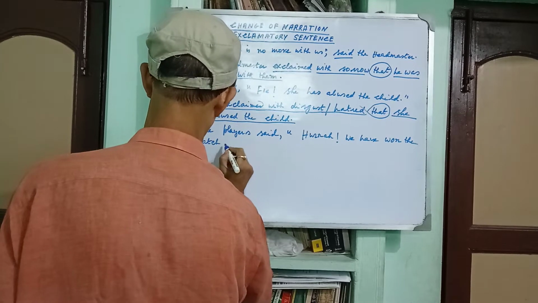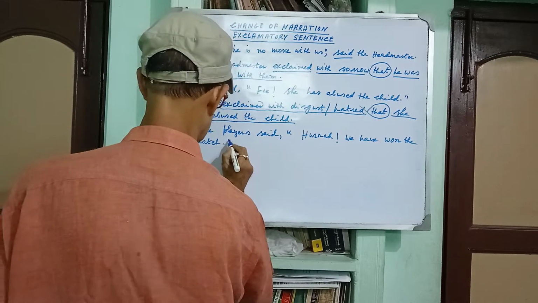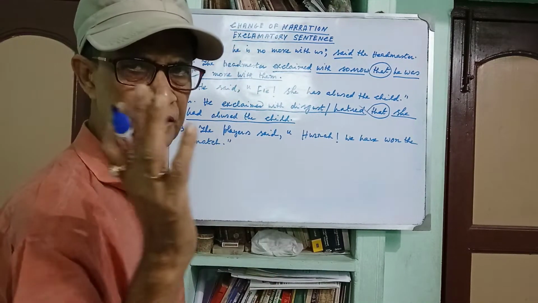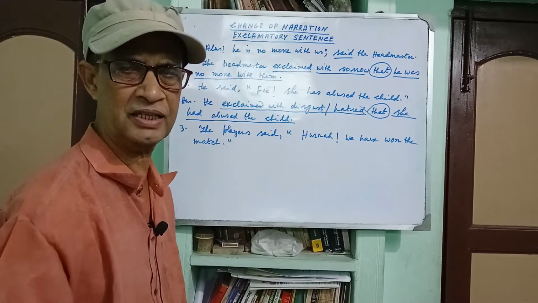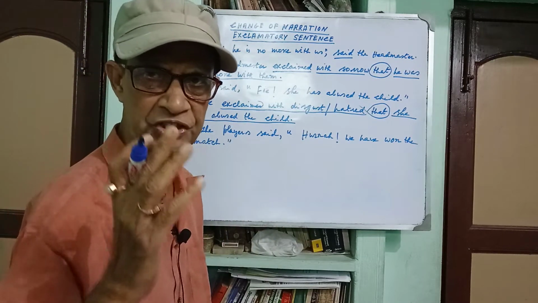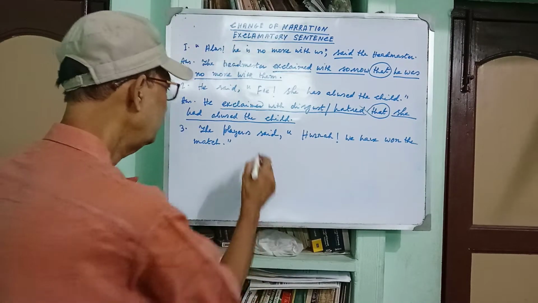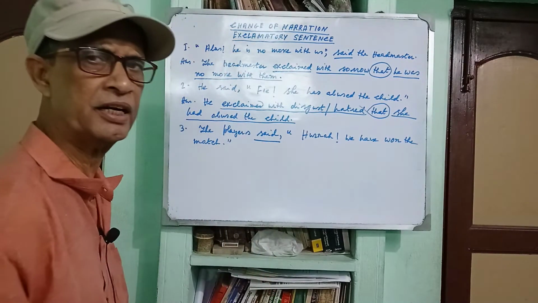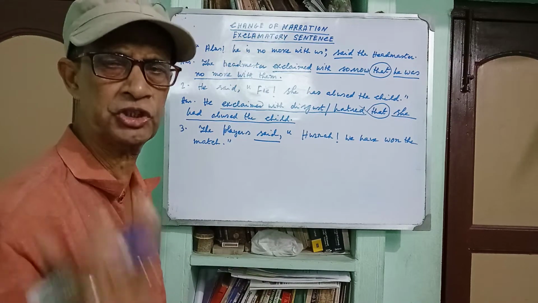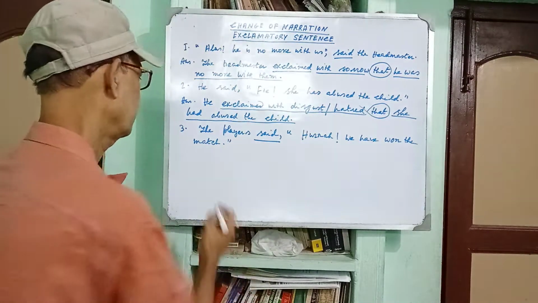So what is the expression? It is the expression of joy. It is the expression of ecstatic joy. Clear? Now, said will be converted into exclaimed with joy or in joy.